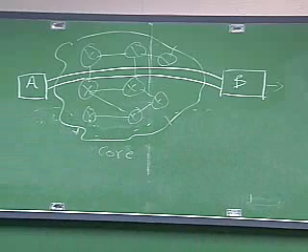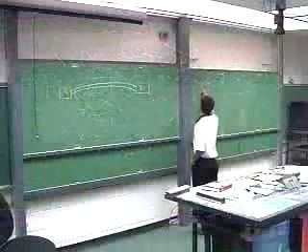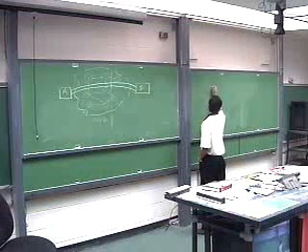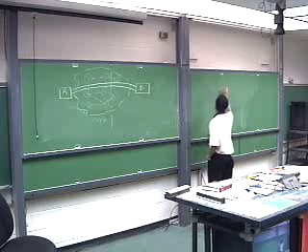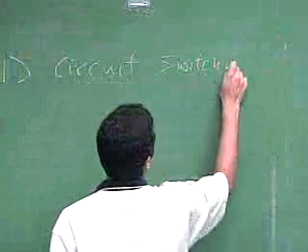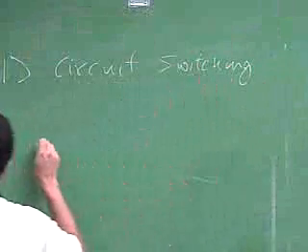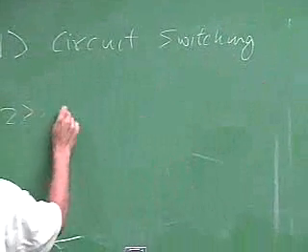There are two models of this data transfer. One is circuit switching, and the second is packet switching.